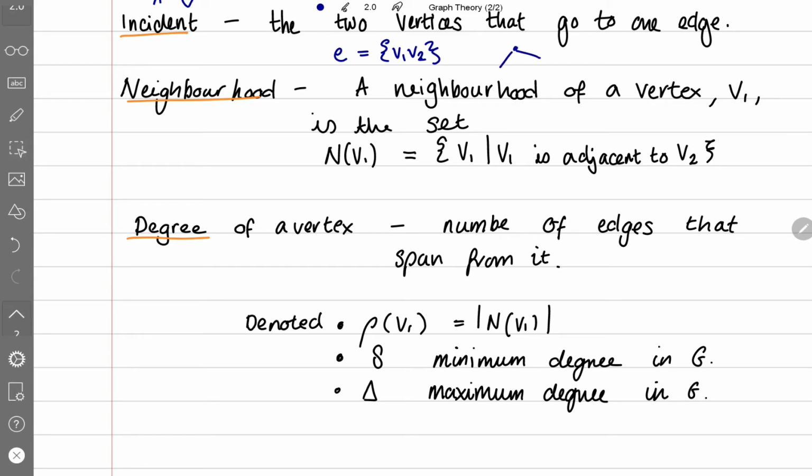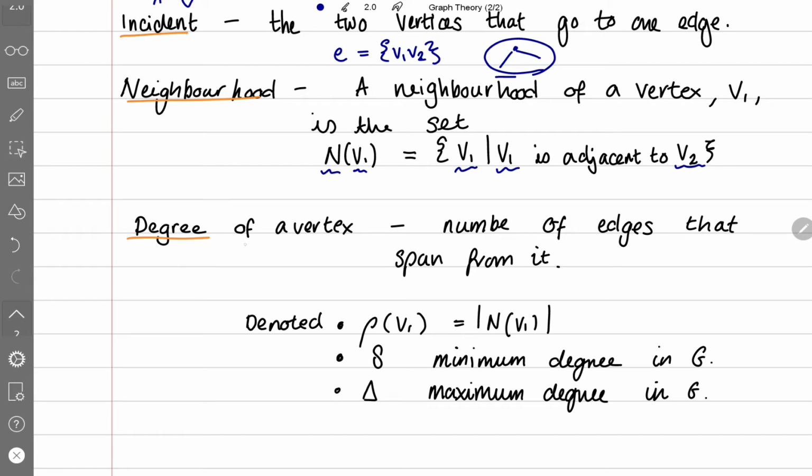A neighborhood is a neighborhood of vertices. The neighborhood of V1, say, is a set N, which denotes neighborhood. V1 is the vertex that we're talking about. It is the set of vertices where V1 is adjacent to V2. So again, this would look a bit like this.